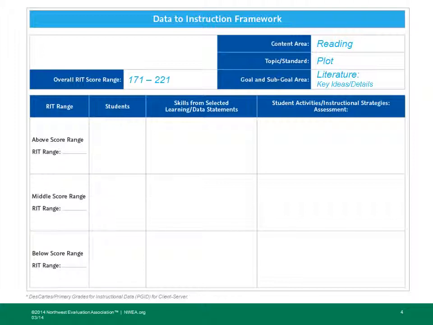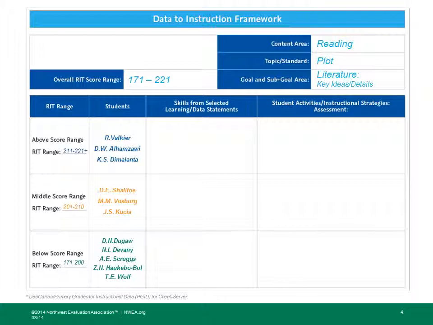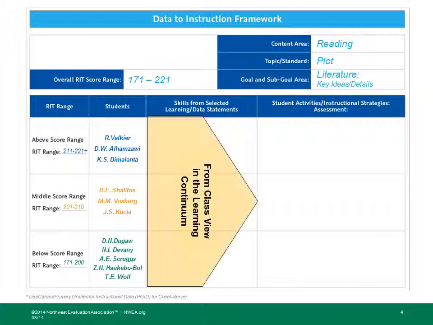The overall RIT range is 171 to 221. Our mid-range is 201 to 210, and the students who are within that range are listed below. The below range, 171 to 200, and the above score range, 211 to 221 plus.